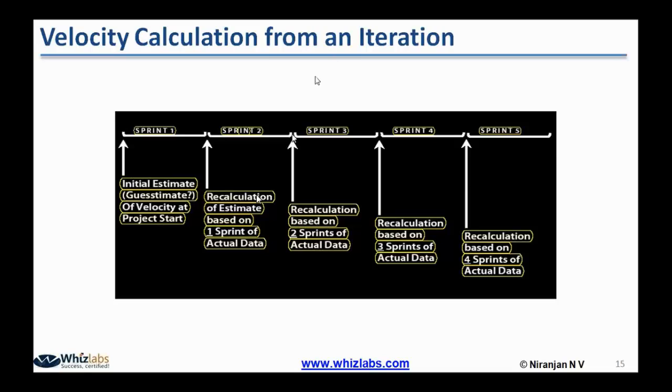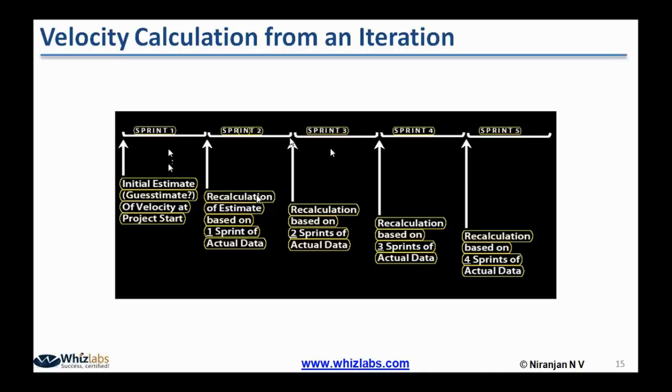So let us say at the end of sprint 2 the team delivers 25 story points. Okay, at the end of sprint 2 they delivered 25, at the end of sprint 1 they delivered 15. So if you add the two, 15 plus 25 is 40, divided by 2 sprints. Okay, so 20 story points per sprint.